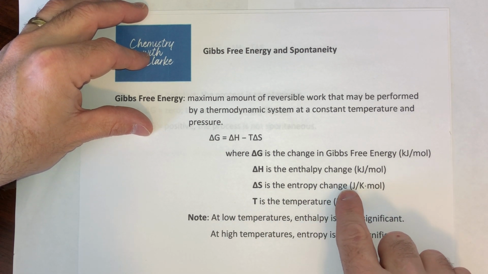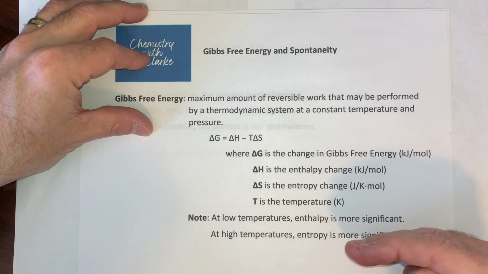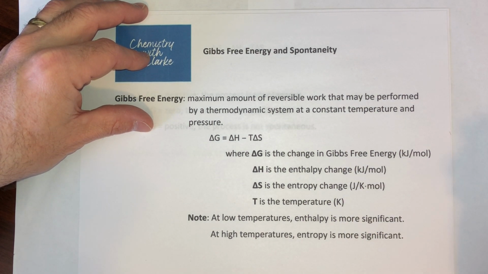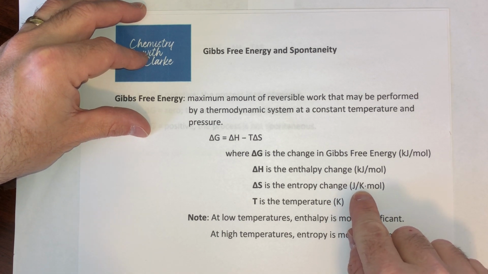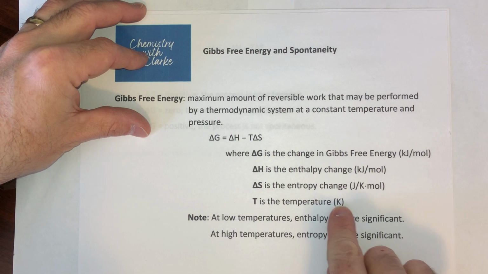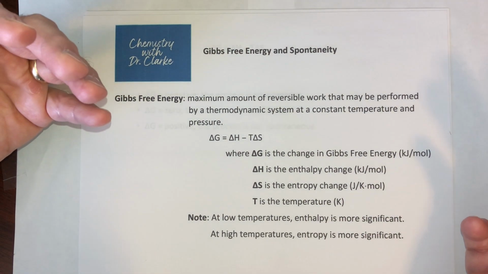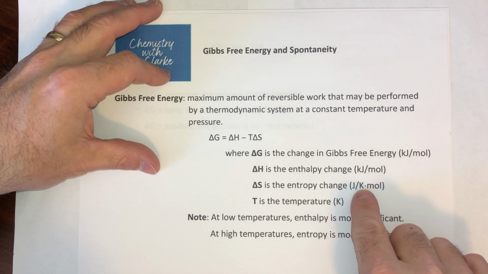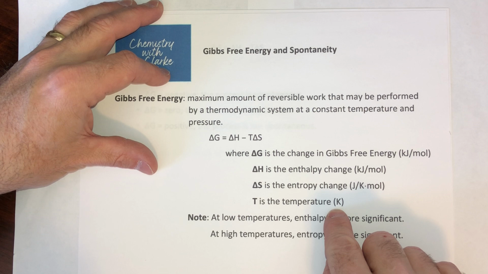It's measured in joules per Kelvin per mole. So the kelvins and the moles are both in the denominator of the unit. Because this is measured in kelvins, the temperature has to be measured in kelvins as well. You have to have consistency between your units, right? So if this has a kelvins in it, the temperature also has to be in kelvins.